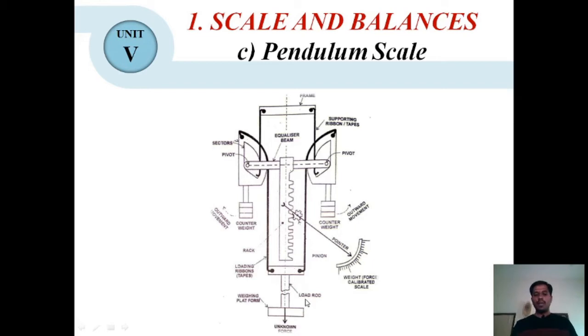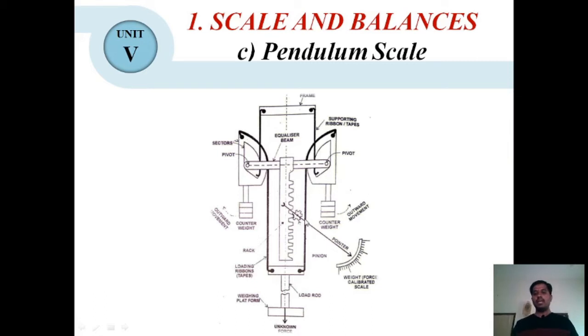When we apply the force on the weighing platform, these ribbons will try to move downwards, such that this sector will try to rotate in this direction, and this sector in this direction. So the counterweights will try to lift outwards from the equalizer beam.